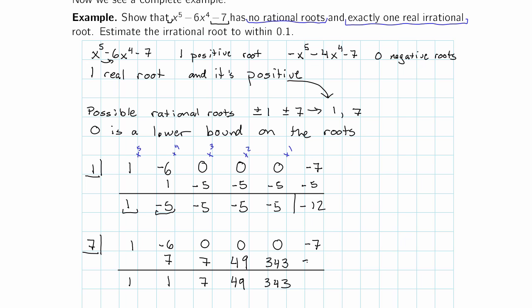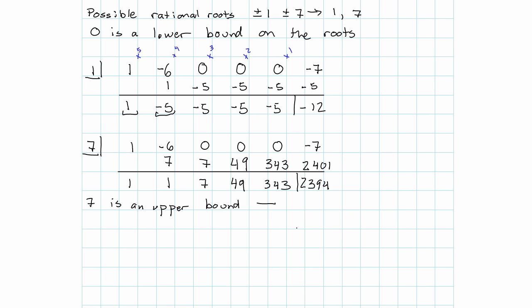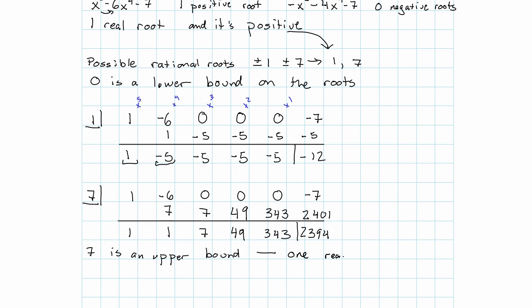Times 7 is 2,401. Minus 7 is 2394. Okay, that's definitely not a root, right? It is an upper bound, however. So we know that we have one real irrational root between 0 and 7.